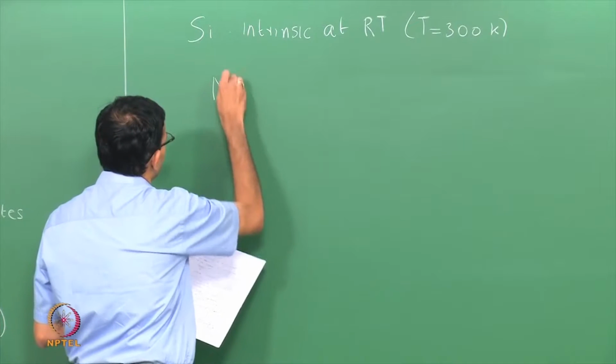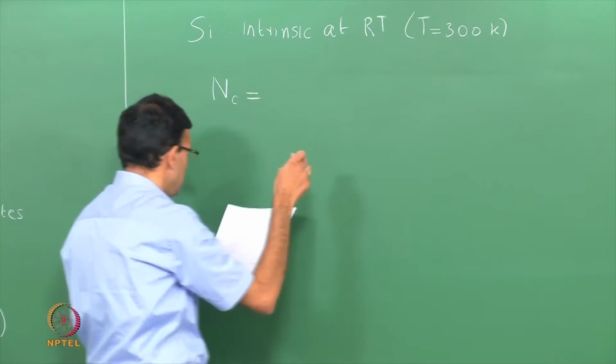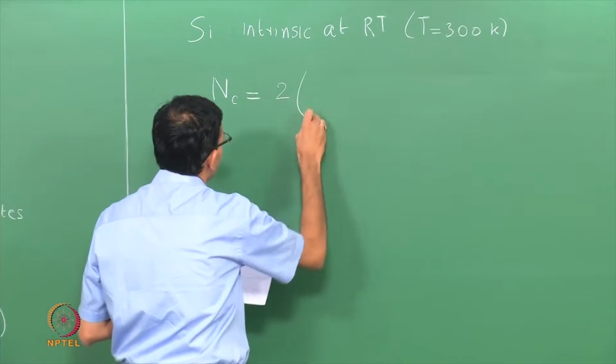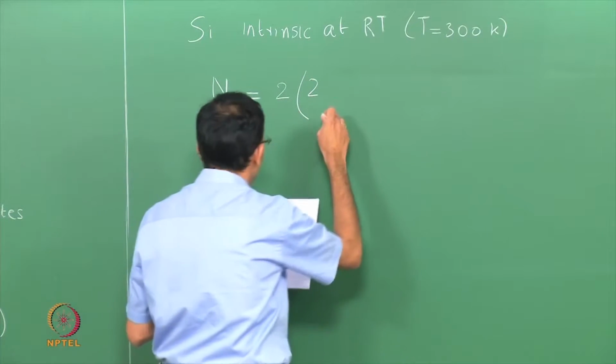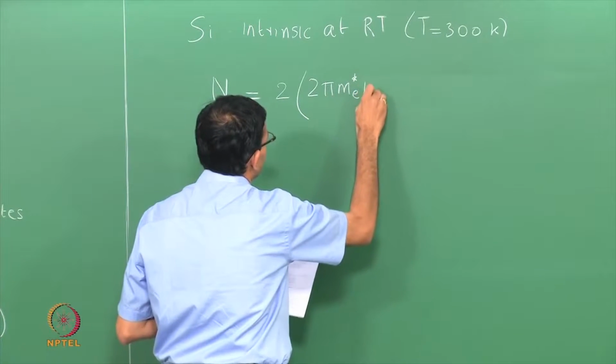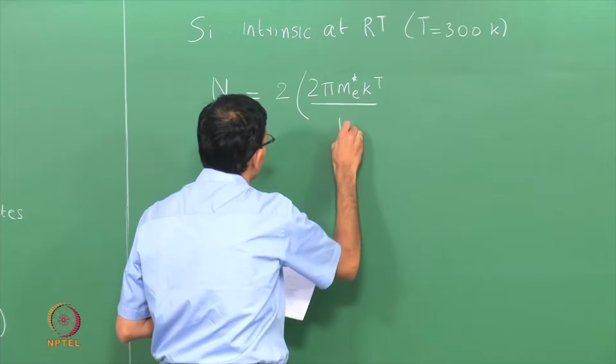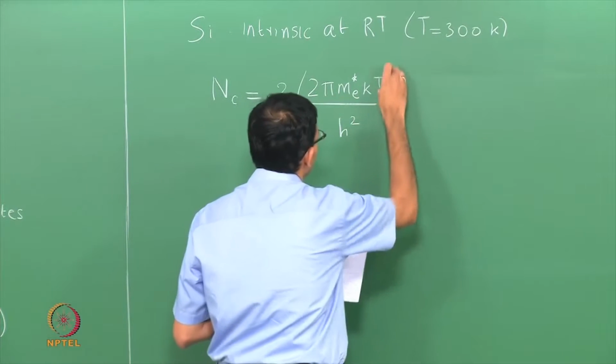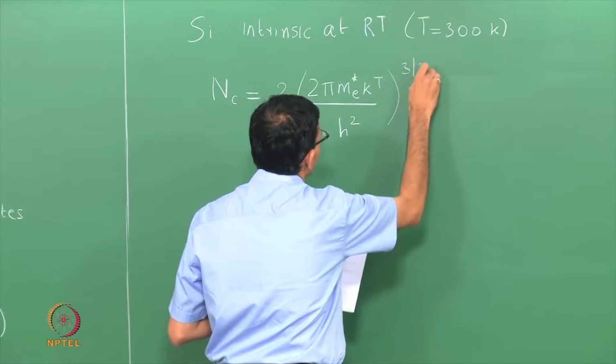We looked at the expression for Nc and Nv last class. Nc depends upon the effective mass of the electron. So, Nc is 2 pi me star kT over h square, whole power 3 over 2.